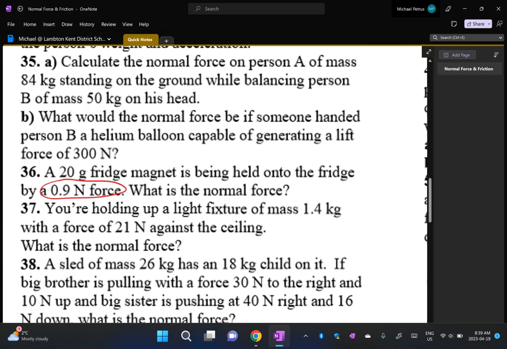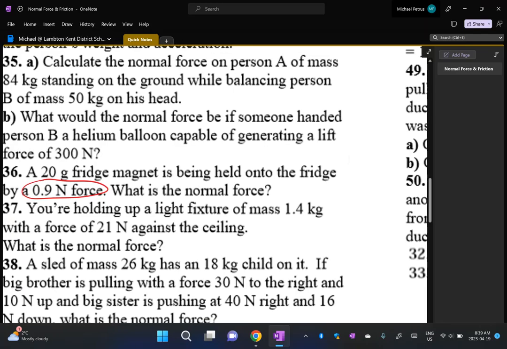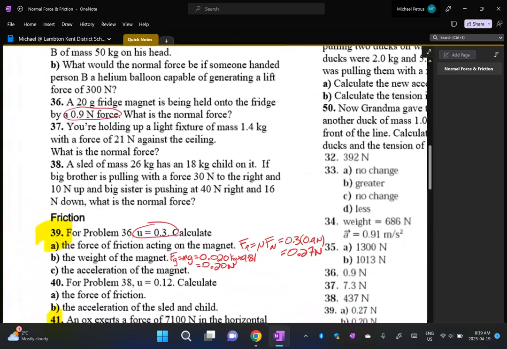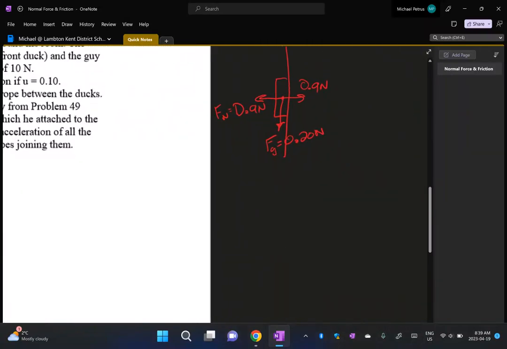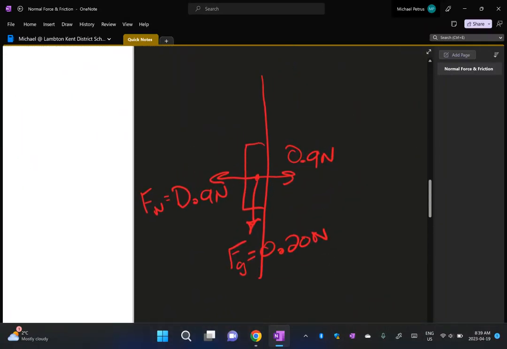Let's go back and look. 0.2 for gravity, 0.27 for friction. Okay. And then my upward force is a max of 0.27 newtons.